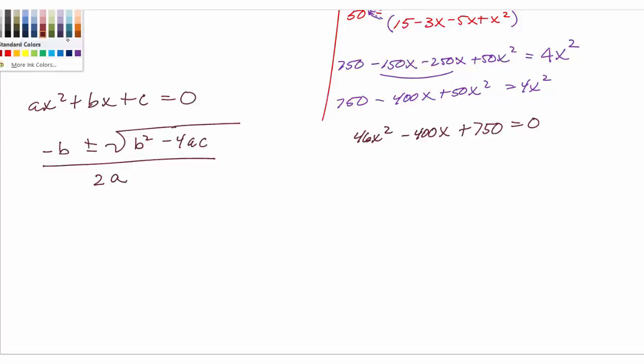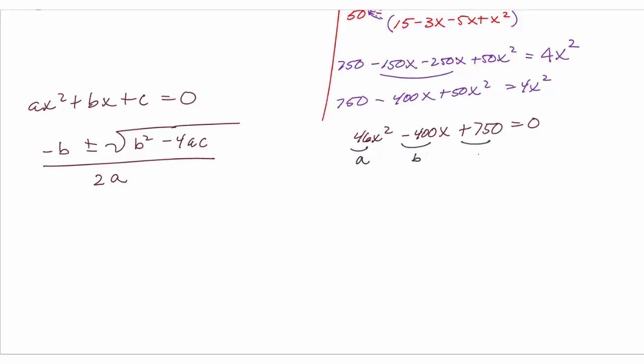I just use these. Why not? We have calculators, so there's my A, there's my B, and there's my C. So I'll have negative B, plug that stuff in then.